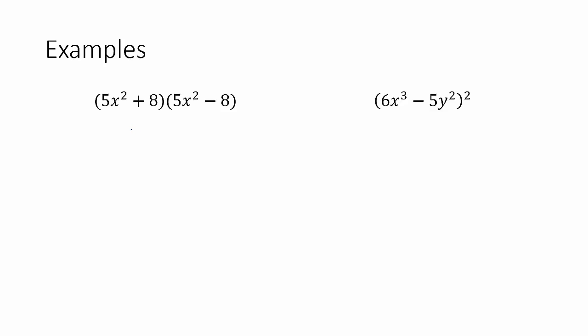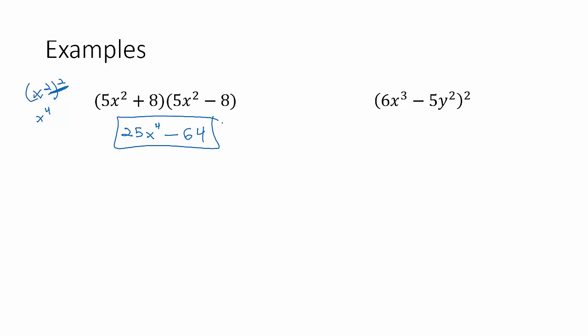With a sum and a difference, we do square all the pieces. 5 squared is 25. X squared squared, when we square the square, x squared squared, we'll multiply those exponents to get x to the 4th. Always subtraction with a sum and a difference. And 8 times 8 is 64.